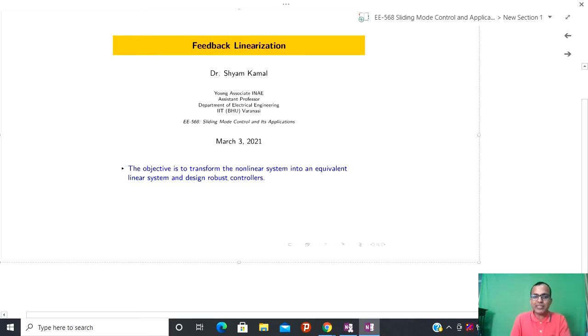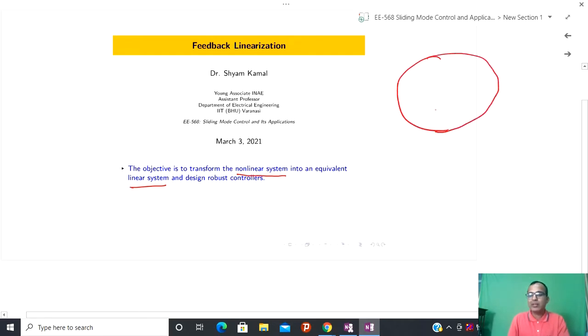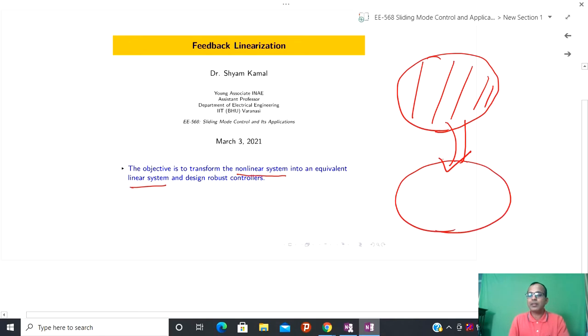You can see the objective I have written here. The objective is to transform the non-linear system to an equivalent linear system. I say just equivalent because I cannot claim that, since the non-linear system is defined in this particular domain, I am always able to convert it completely into a linear system.